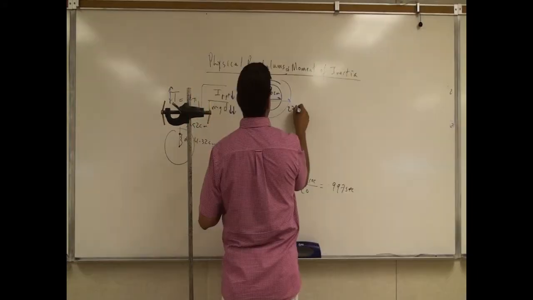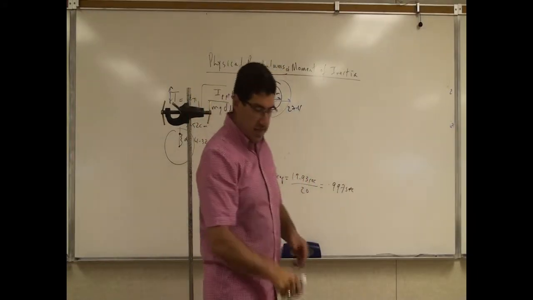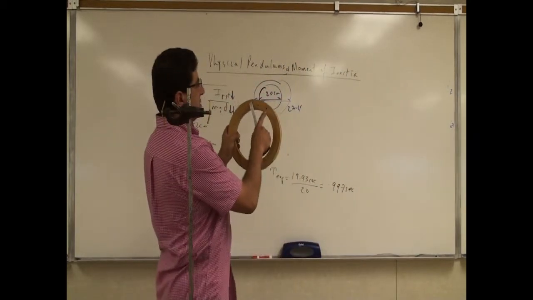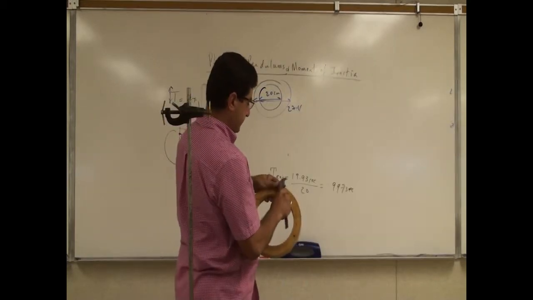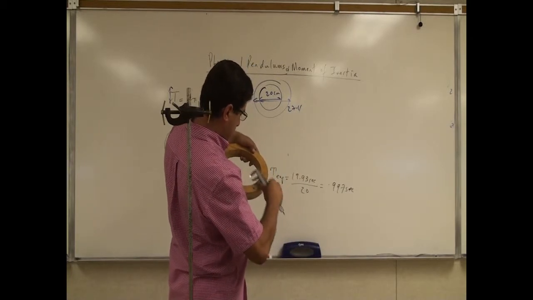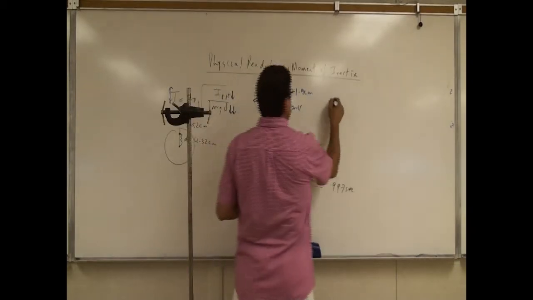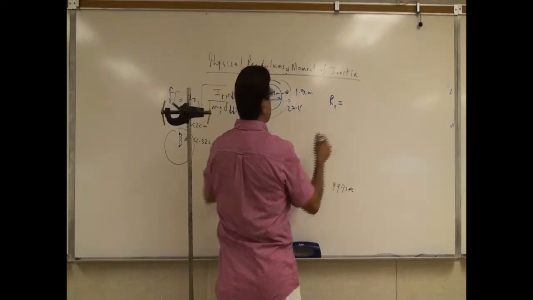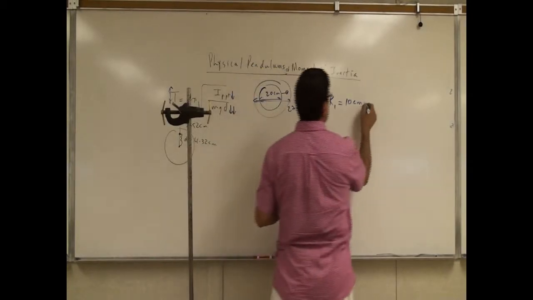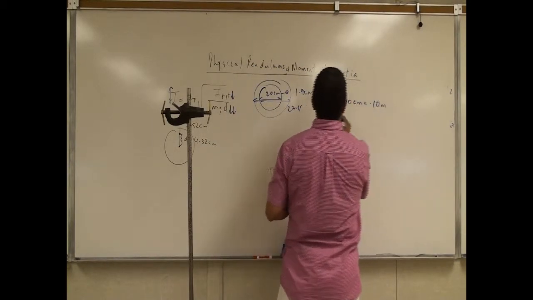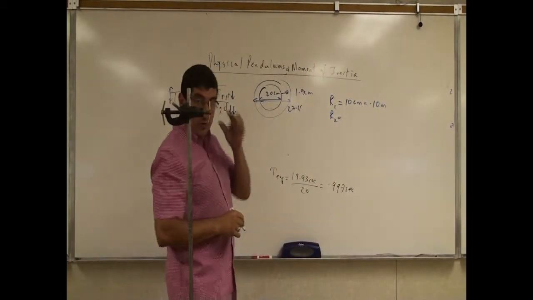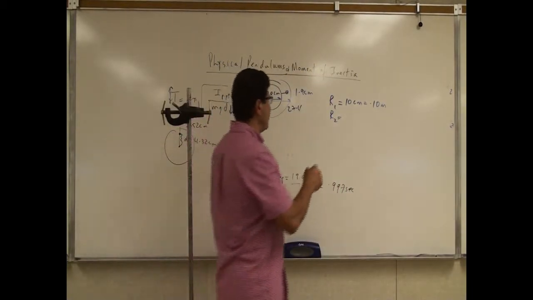And then the distance from the inner circle to where the hole is, from the inner radius. Inner radius r1 is going to be 10 centimeters, which is half of the diameter, right? So that's 0.10 meters.